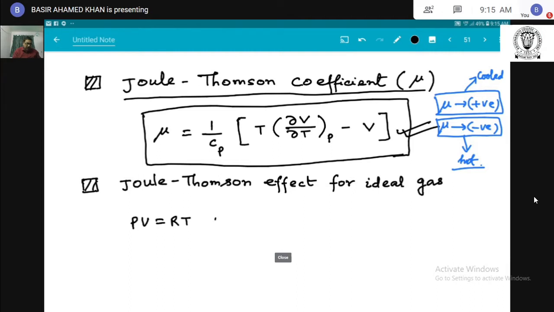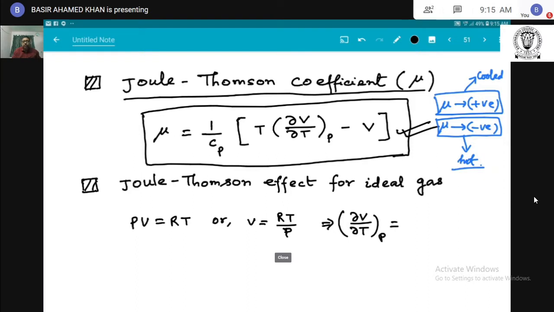Therefore V equals RT by P. Therefore del V del T at constant P equals R by P, and R by P means V by T.